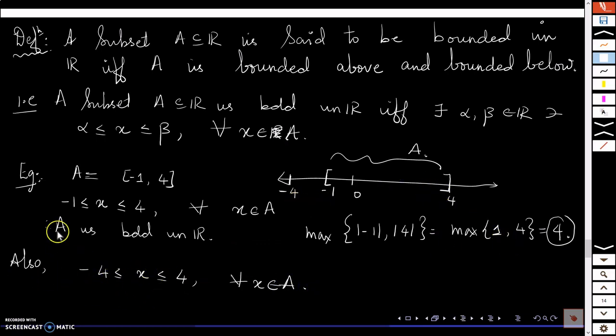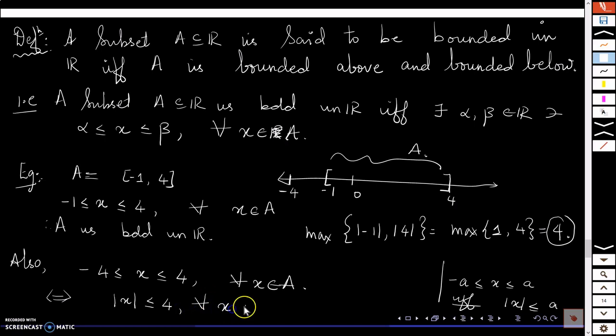One of the properties which we have discussed in the previous video is of the form, minus a is less than or equal to x, and x is less than or equal to a. And this is true if and only if the absolute value of x is less than or equal to a. So I can write this condition as: the absolute value of x is less than or equal to 4 for every x in A, and this condition takes care of both the upper bound as well as the lower bound.